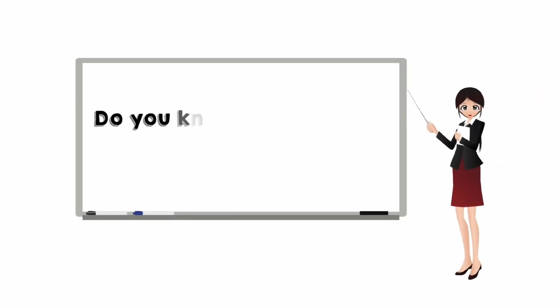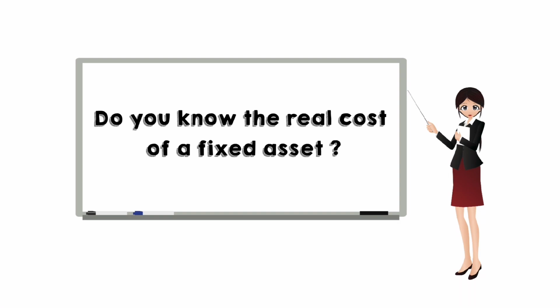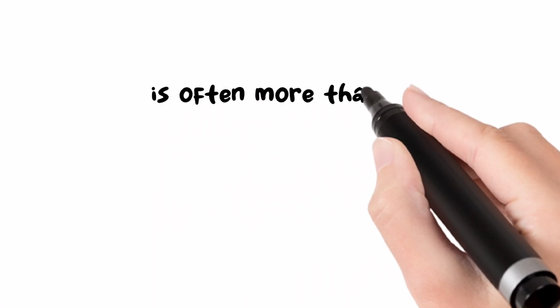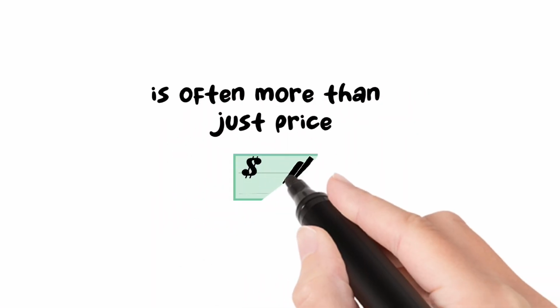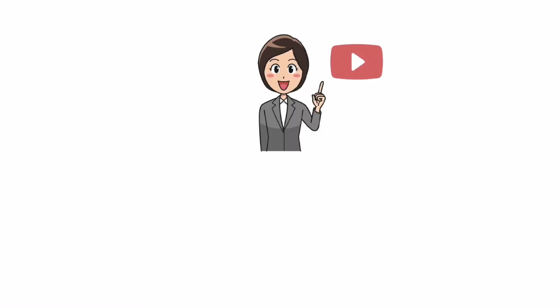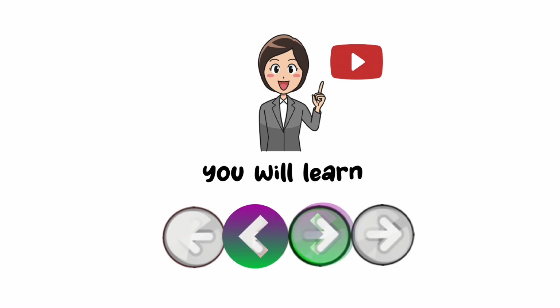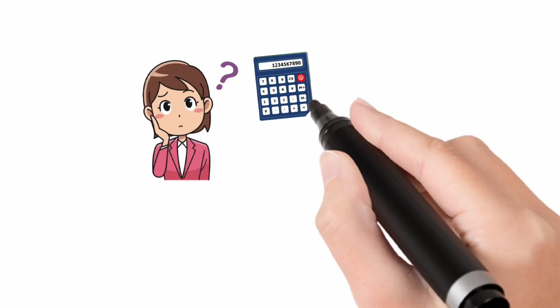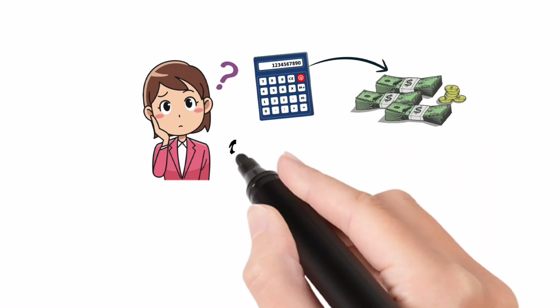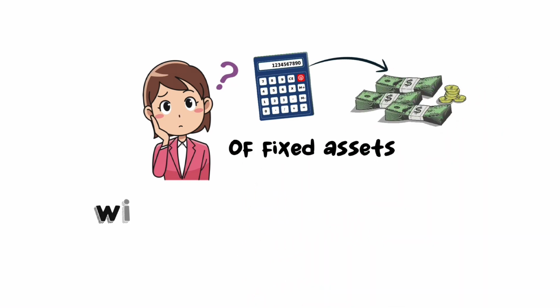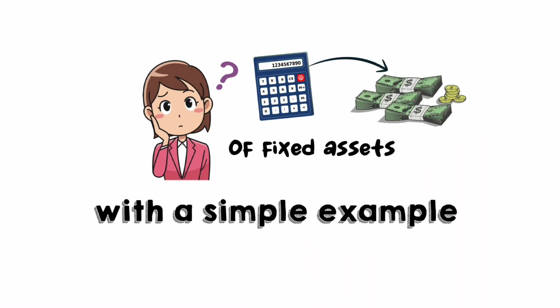Do you know the real cost of a fixed asset is often more than just the price you pay? In this video, you will learn what to include, what to exclude, and how to calculate the true cost of fixed assets with a simple example.